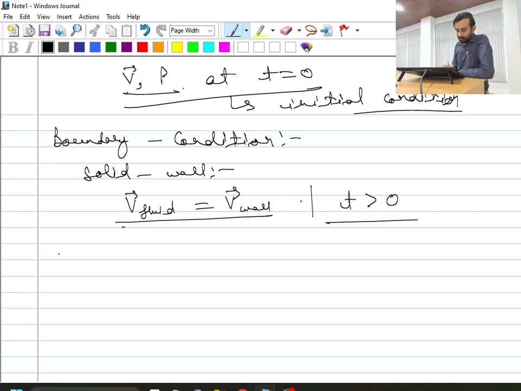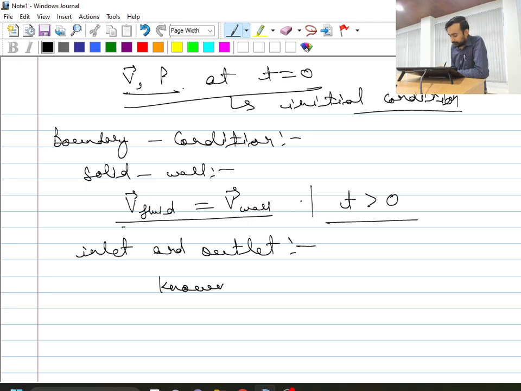Then you have inlet and outlet. If you have to find the exact solution, then you must have known values of velocity and pressure for inlets and outlets. Okay. So at inlet and outlet, we must know a priori the values of velocity and pressure. Is this point clear?